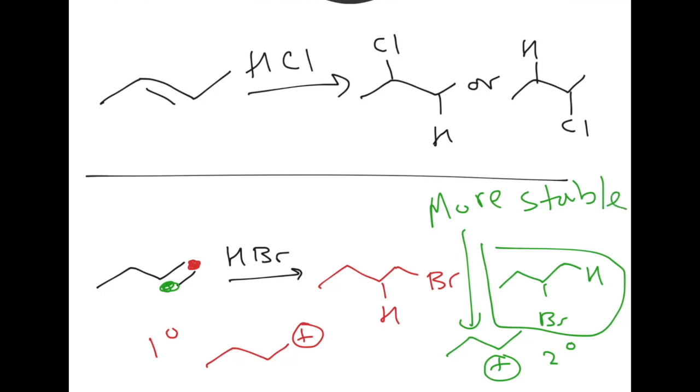So we're going to make more of this carbocation, which means we're going to make more of the product that we get from that carbocation. So you can just predict based on carbocation stability which of the two products you're going to make. More stable carbocation equals more of that product.